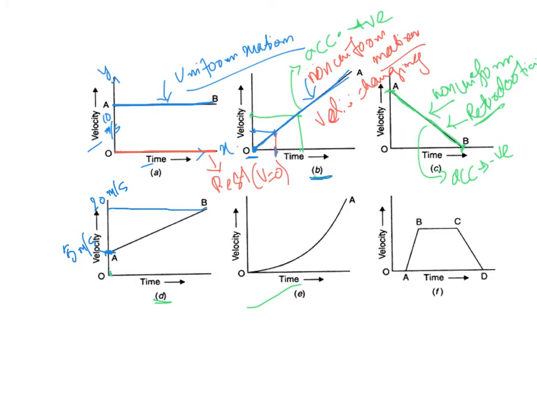In graph B, my initial velocity was 0. This is the initial velocity, which we denote by U. Here my initial velocity is not 0, so I have not started from rest. It is something like I was already moving at 5 meter per second.